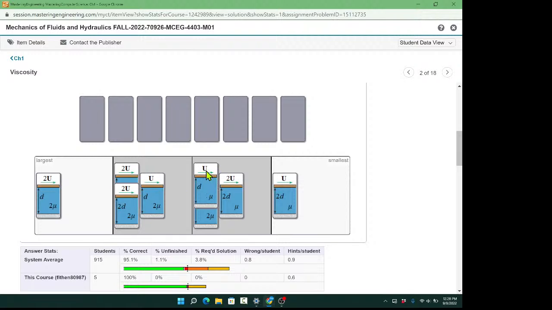This one will be u divided by d times mu. U divided by 2d times 2 mu, which is the same. 2u divided by 2d, which would be 1u over d times mu, is the same. And u divided by 2d, which is half, times mu.